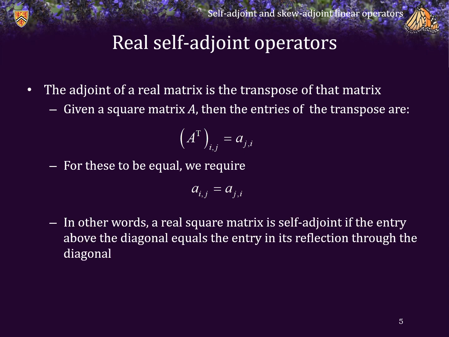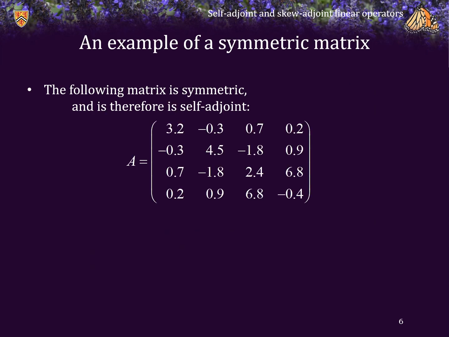In other words, a real square matrix is self-adjoint if the entry above the diagonal equals the entry in its reflection through the diagonal. Because of this reflective property, we call such matrices symmetric. This matrix here is symmetric, and therefore it is self-adjoint.